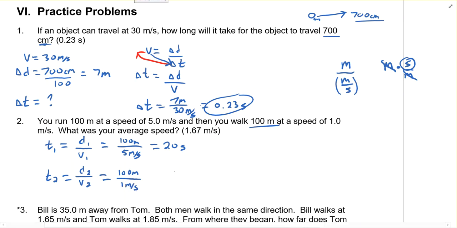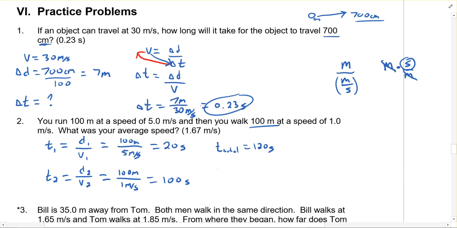So that's going to be 100 seconds. Okay, so we've got T1 and T2. We just need to add them together to get our total time. So T total is equal to 120 seconds. I just added those two together.